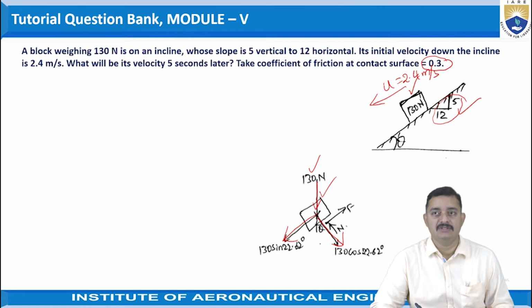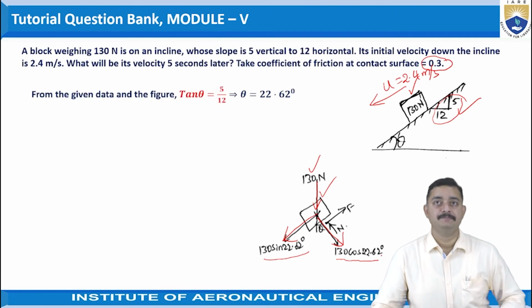These components would be 130 sin and 130 cos. Taking the angle from the given data and the figure, we can calculate tan theta as 5 by 12. So it will give theta equal to 22.62 degrees.